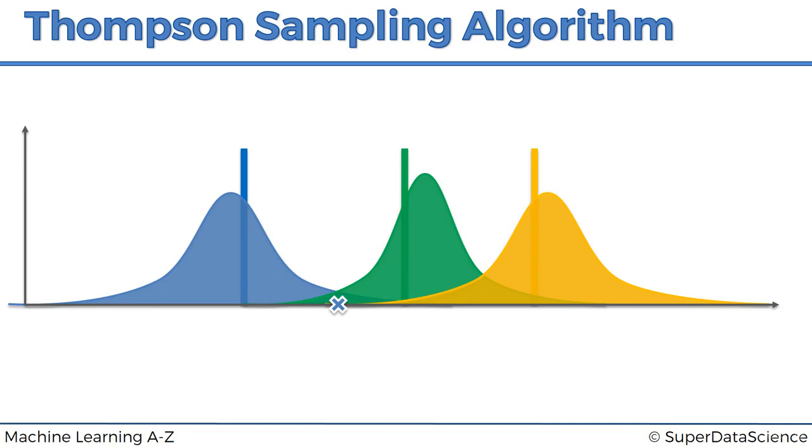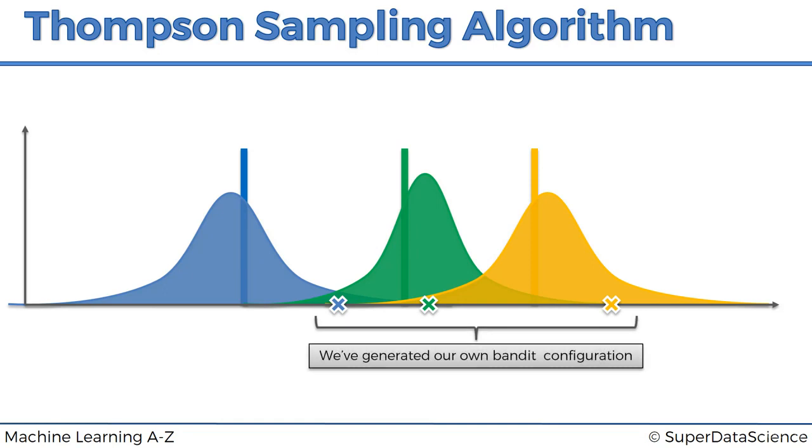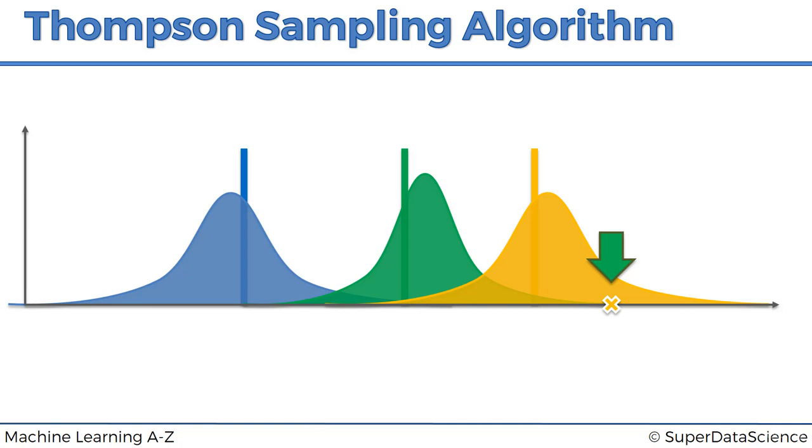Again, we pick some values out of our distributions. There they are. Now we've generated our own bandit configuration in our virtual reality, or in our hypothetical world. Out of these three, we have to pick the best bandit, which is of course the yellow bandit, and now we're going to pull the lever of the yellow bandit in the real world, or the algorithm is going to do that.